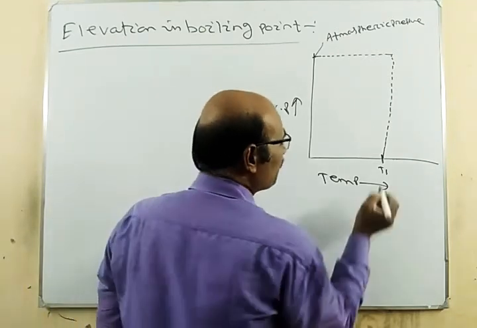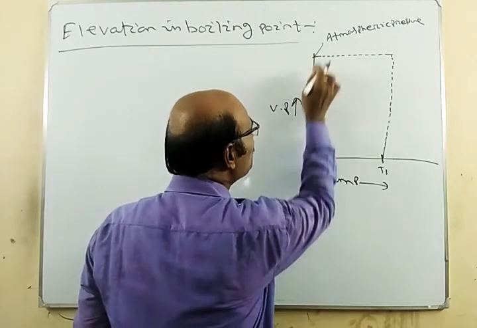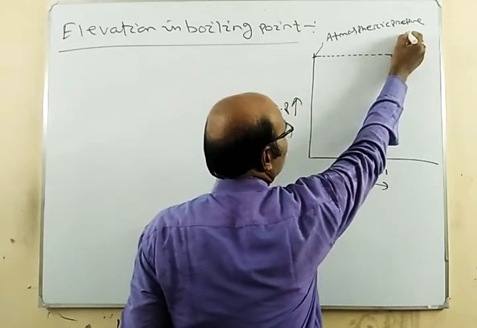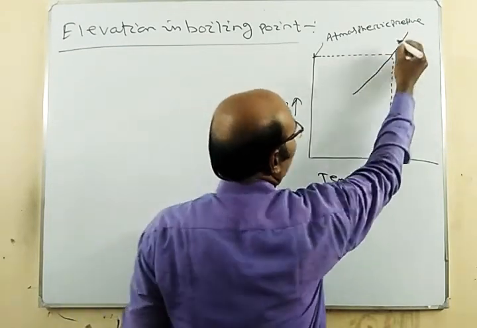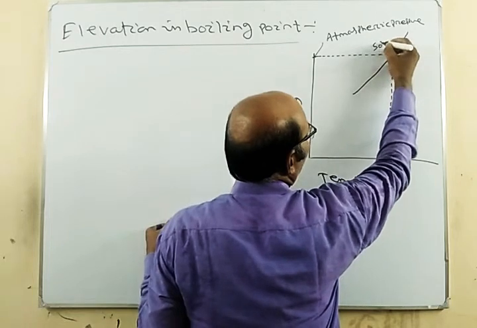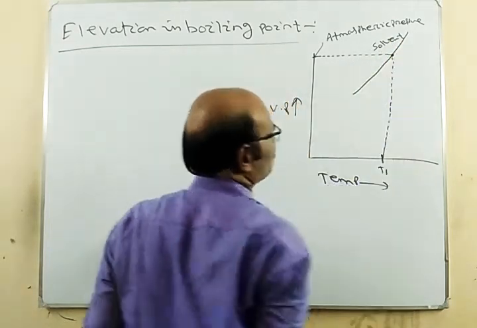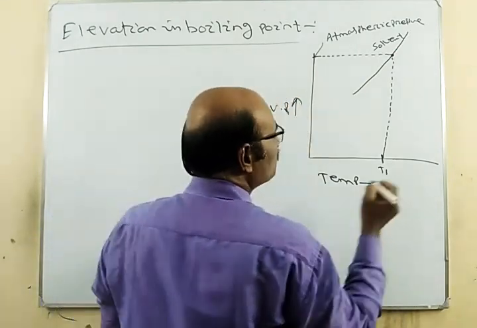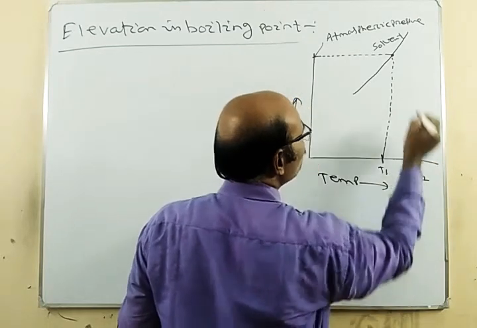Suppose this is the temperature at which the vapor pressure is equal to the atmospheric pressure for the solvent. And this other temperature is T2.